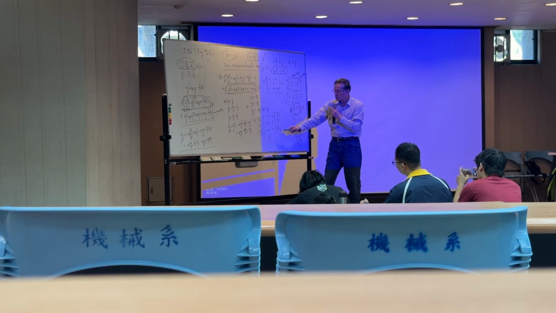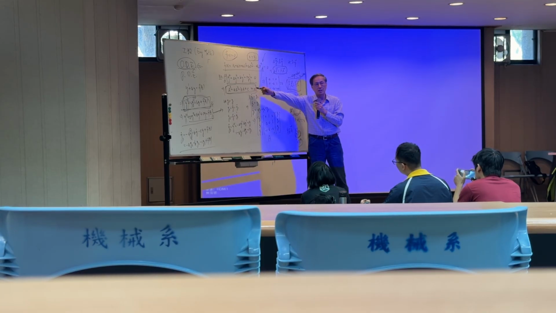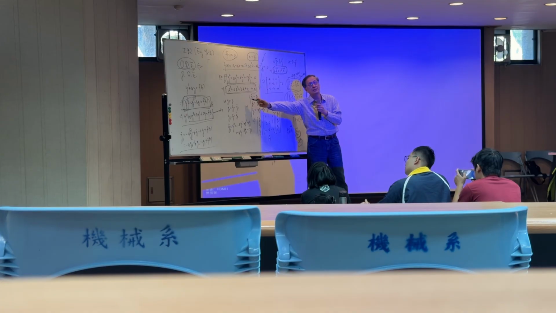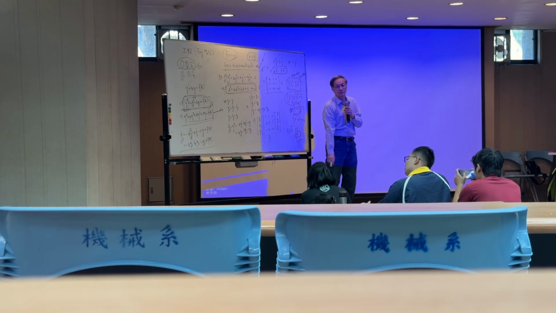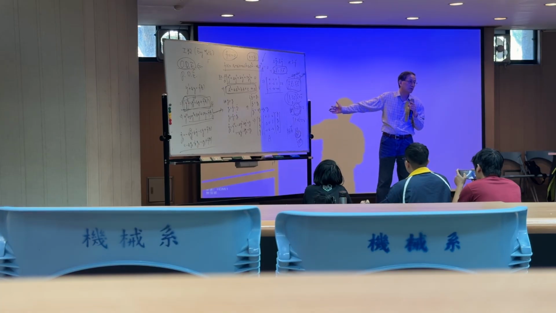So all we need to do is solve the eigenvalue problem of this A matrix. Then we have solved for its roots, and the problem is solved. Do you understand? So this is very important.